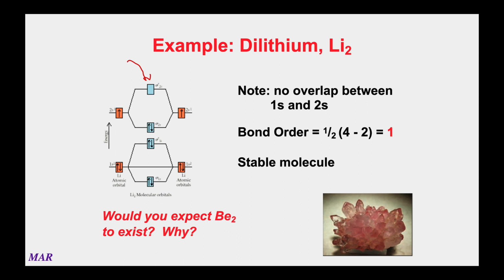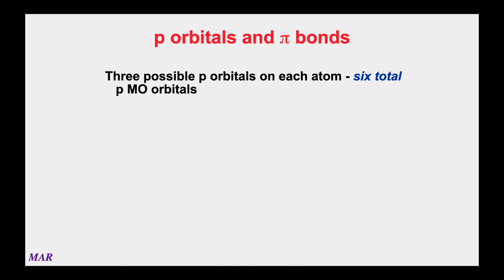and it shouldn't happen. The next atoms that could make molecular orbitals involve p orbitals. So for example, boron is after beryllium. Boron is 1s2, 2s2, 2p1. And when it comes to the p orbital interaction, it's really cool. So you have 3 2p orbitals from the first atom and 3 2p orbitals from the second atom. You're going to end up with 6 total molecular orbitals, and it's kind of cool.